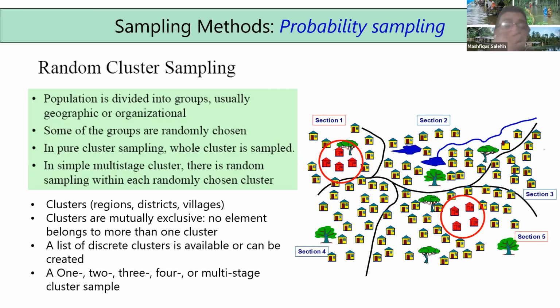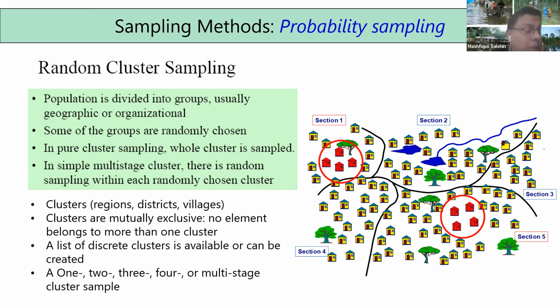This cluster sampling can be done in several stages. For example, in a single stage, you basically sample your clusters. You have all the list, so this is your cluster, this is your cluster. You sample your district, and whatever population is there, you interview everybody.